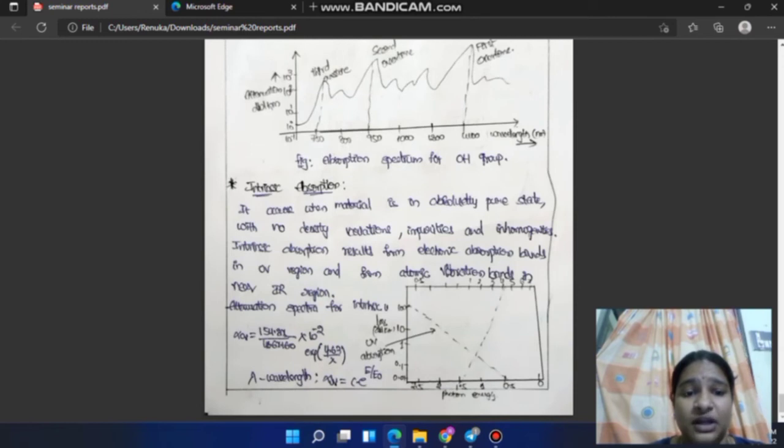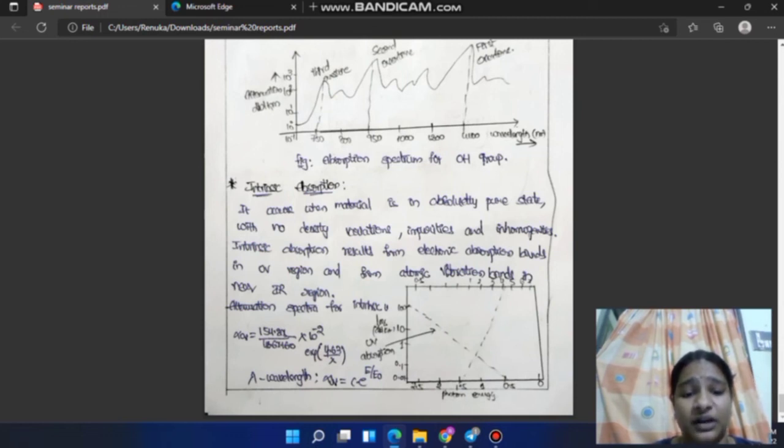Intrinsic absorption occurs when a material is in an absolutely pure state with no density variations, impurities, and inhomogeneities. Intrinsic absorption results from electronic absorption bands in the UV region and from atomic vibration bands in the near IR region.